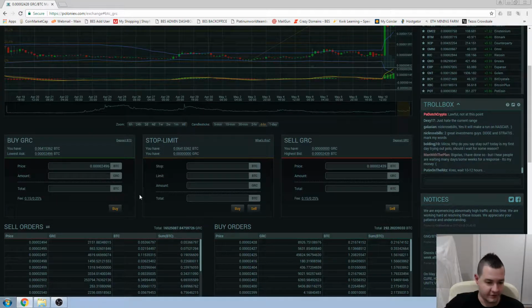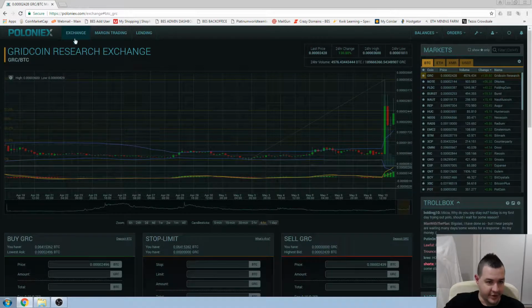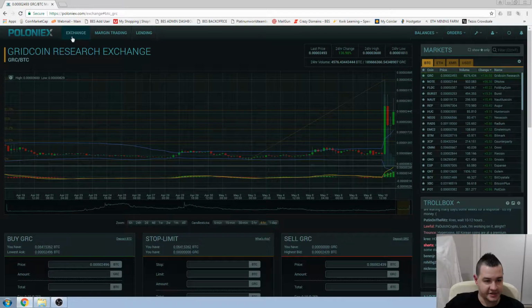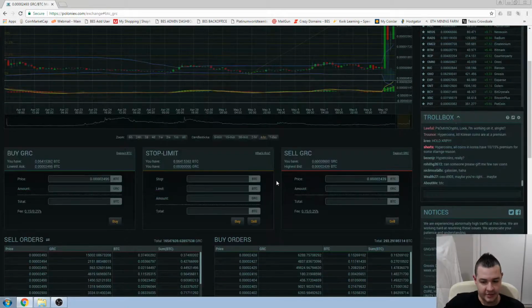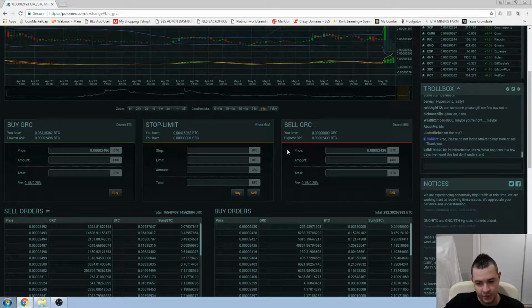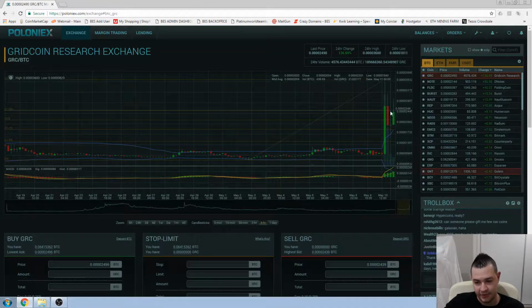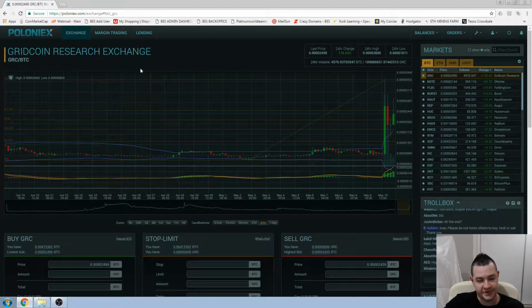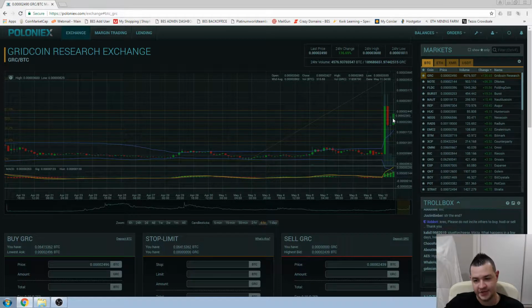Okay, so to start off with, if you come into the exchange tab under here, now if you've got coins already and you want to try and get a higher price than where price is at the moment, so let's say we're on this GRC coin at the moment. Let's say you held GRC coin and you want to sell them back up at a higher level.